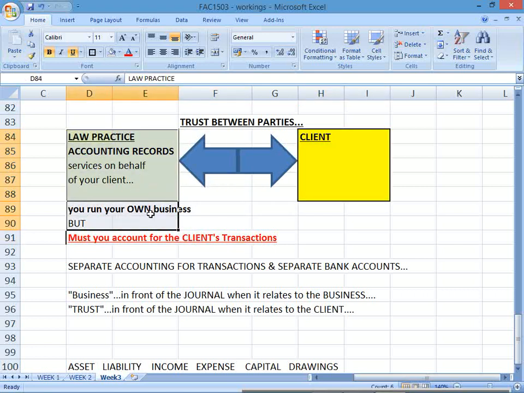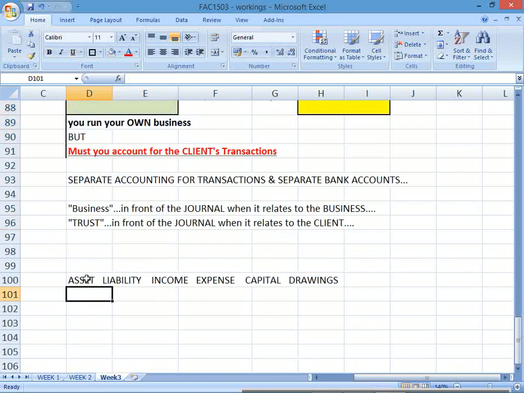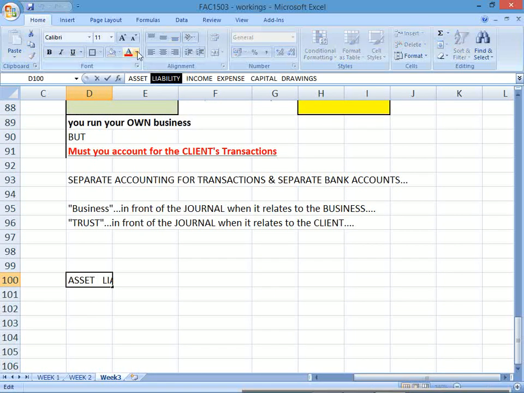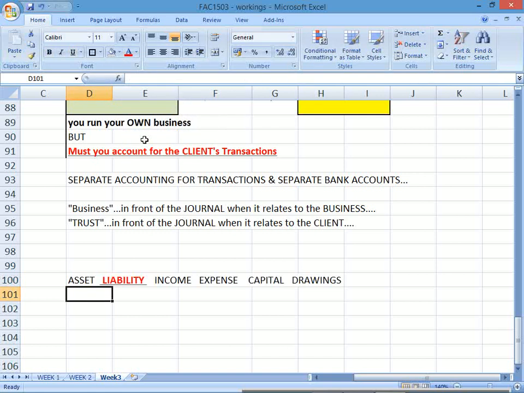Okay, so if you take money from your clients and you haven't earned it, it's kind of like what we spoke about, inverted commas, income received in advance. It might not be income though, because you might be using those funds to do something for the client. So the point I'm trying to make is, if you take money from your client that's not yours, there's an obligation to pay back what the client gave you, or to render a service, or to use the funds to do something for the clients.